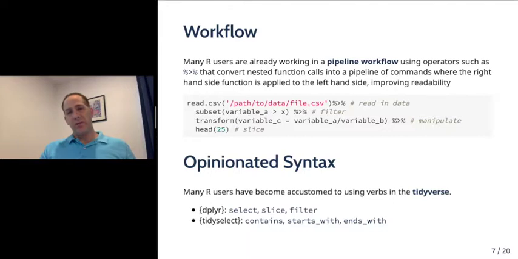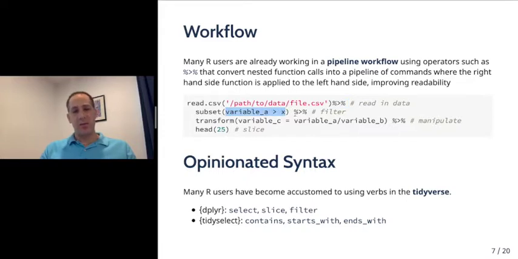So the workflow for people who aren't familiar with pipelines is that instead of having nested functions, you unfurl them basically, and the output that you have from one function is fed into the next function through this pipeline operator. So in this case, we're reading in the data, and that data is being used by subset as an input, and this logical expression is filtering that object.